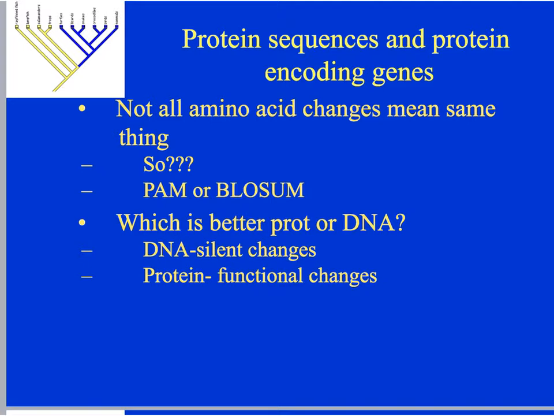Because it's not really going to change the amino acid. So it gives you an indication of the rate of change that might be happening in those genes, because they're not being selected against, so they're not being eliminated. So that's where that can be really helpful.